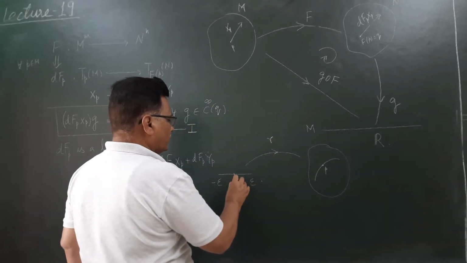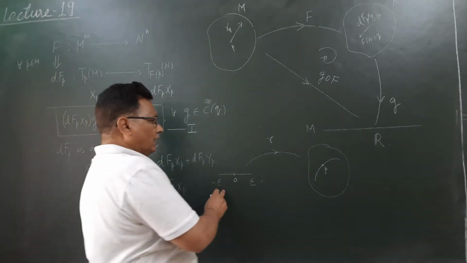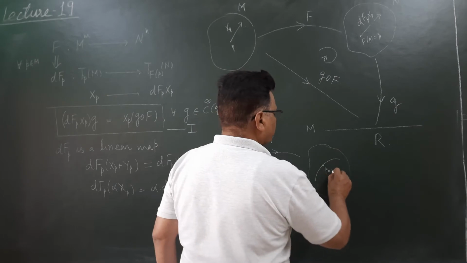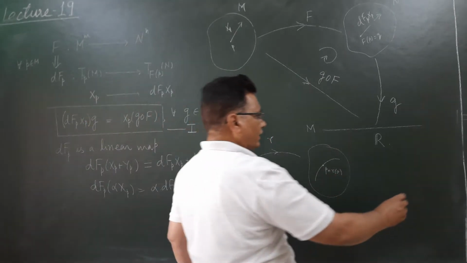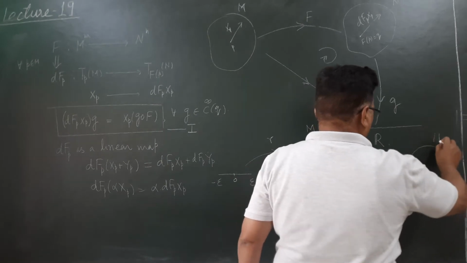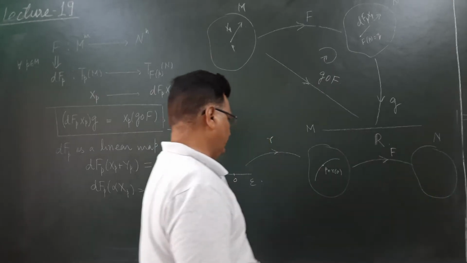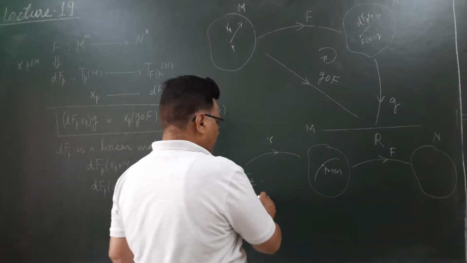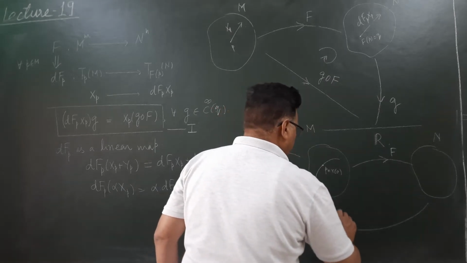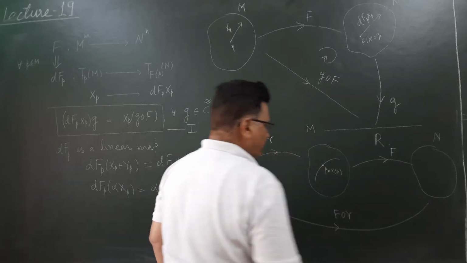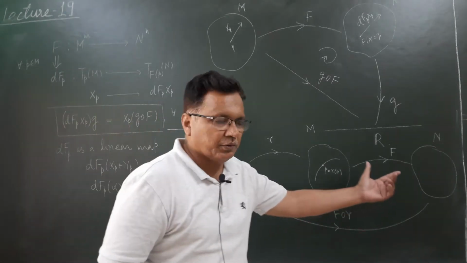For the point 0, I can choose my interval in such a manner so that gamma(0) becomes P. You already have another manifold N, and there is a map F from M to N. So once again I can compose these two maps, that is, F composition gamma is a map from the interval minus epsilon to plus epsilon into N.